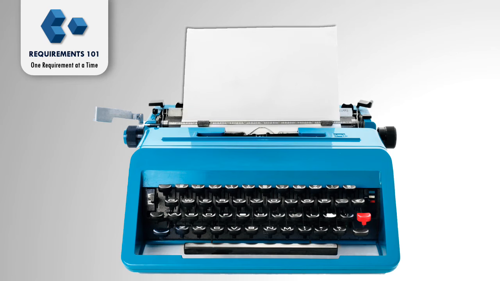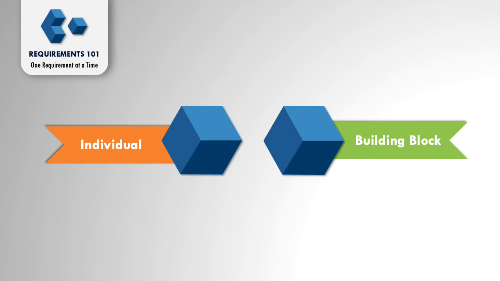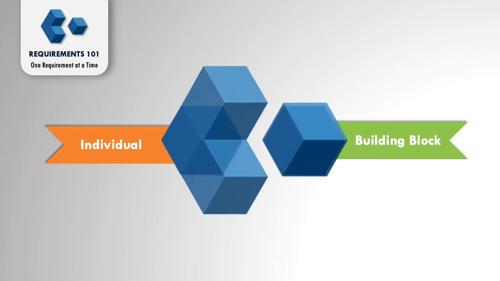In this module, we get stuck into our very first rule, and arguably the most important paradigm shift that we in the oil and gas industry need to make, where it concerns the requirements. We need to start seeing each individual requirement as an individual building block. That is exactly the inspiration for the Requirements 101 logo.